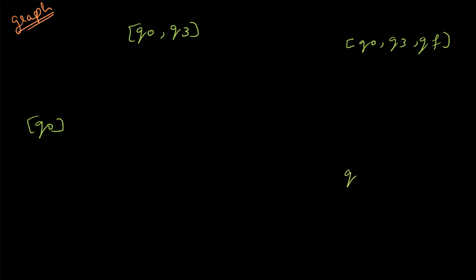So let's just make the graph. I have Q0, Q3. I have a state called Q0. Okay, so I've got Q0, Q4, QF. So is there a state remaining? Yeah, looks like.